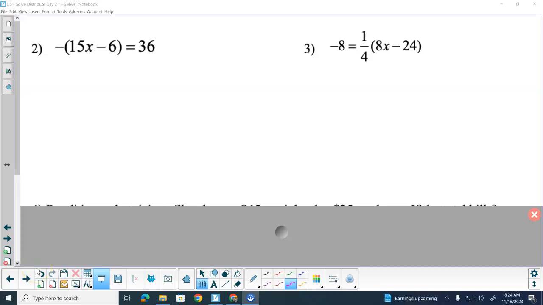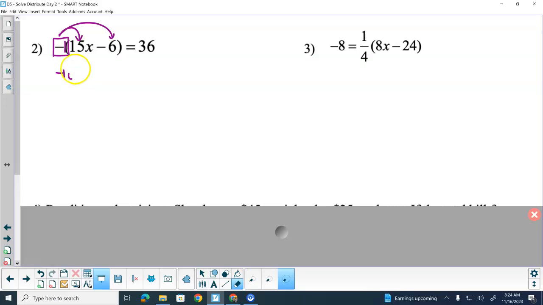Number 2. What is out in front of the parentheses? -1. -1, yes. Okay, so -1 is what gets distributed into both sets of parentheses. Okay, so we have then -1 times 15, I'm just putting -15 there.